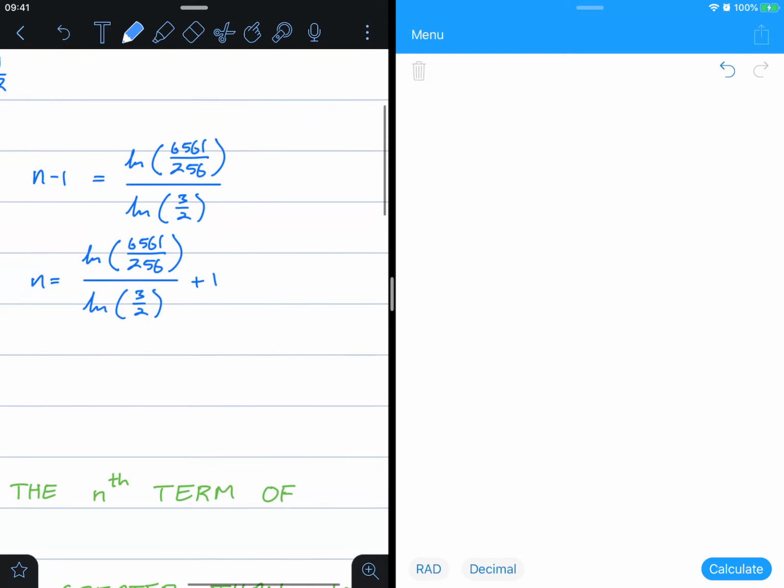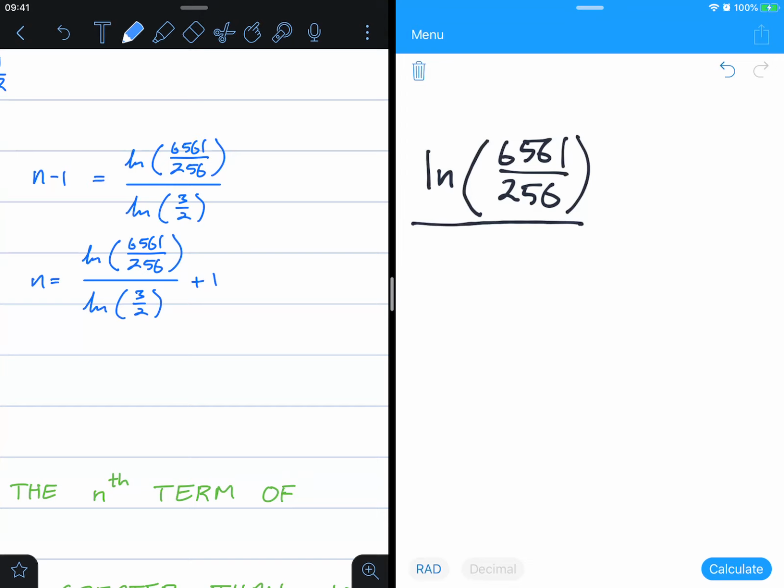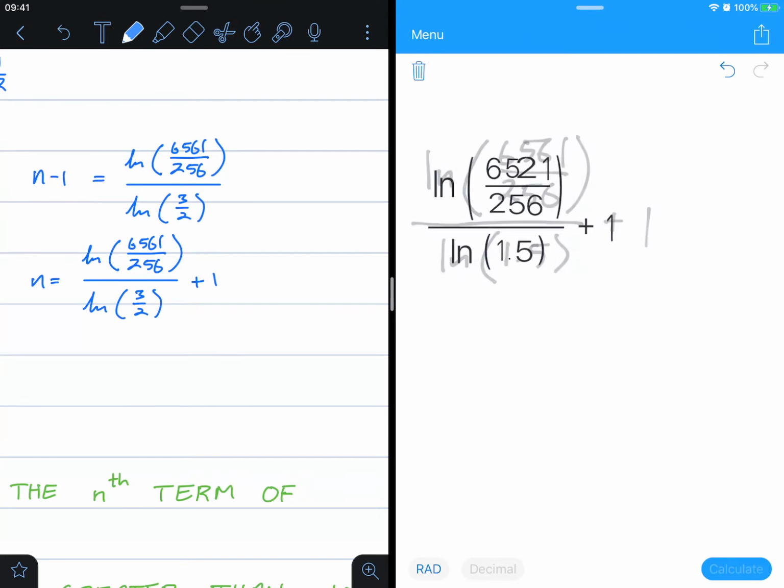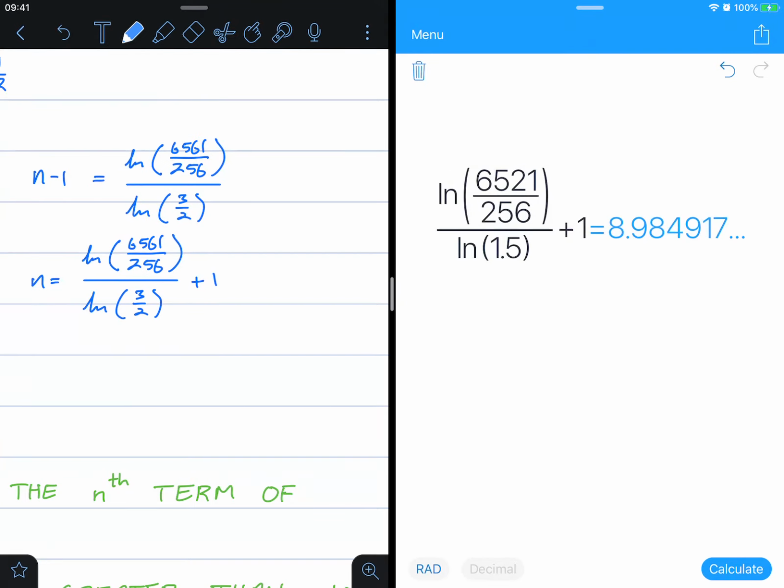Okay, just so I can demonstrate to you what you should be typing in, let me try and type all of this in. 6561 over 256 all over ln 1.5 is 3 over 2 plus 1. Let's hope this inputs correctly. There we go.